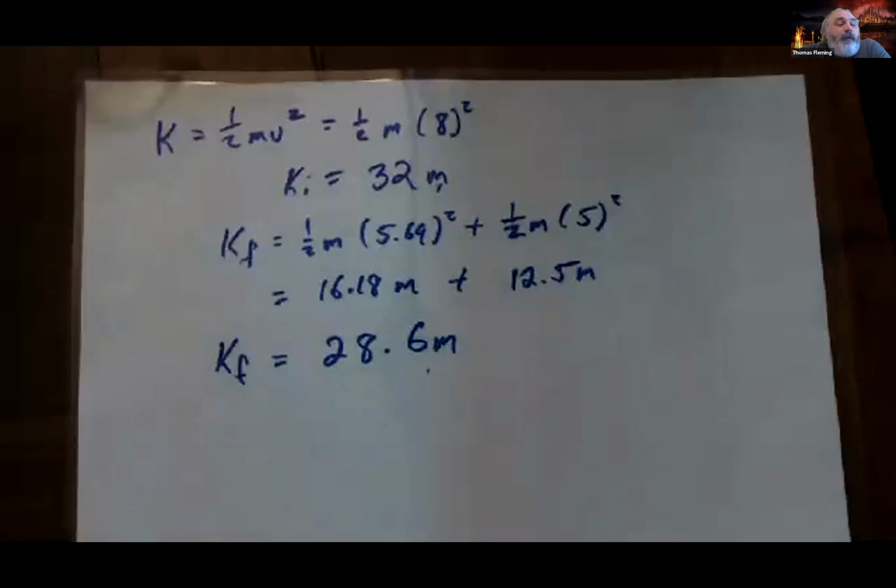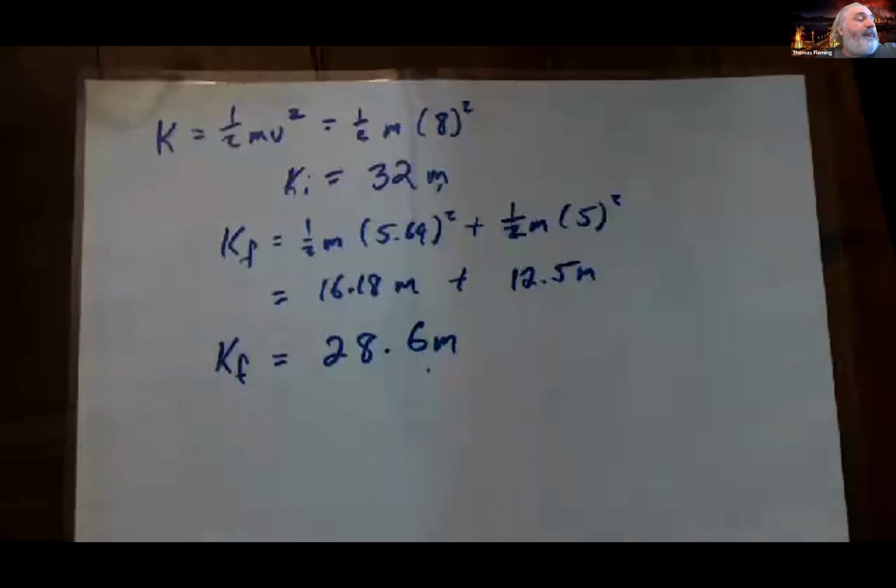Now, what if it was elastic? What would have happened to the same problem if I had known going in that the collision was going to be elastic? Well, when we started this problem, we would have had an extra constraint, an extra bit of information at our disposal.